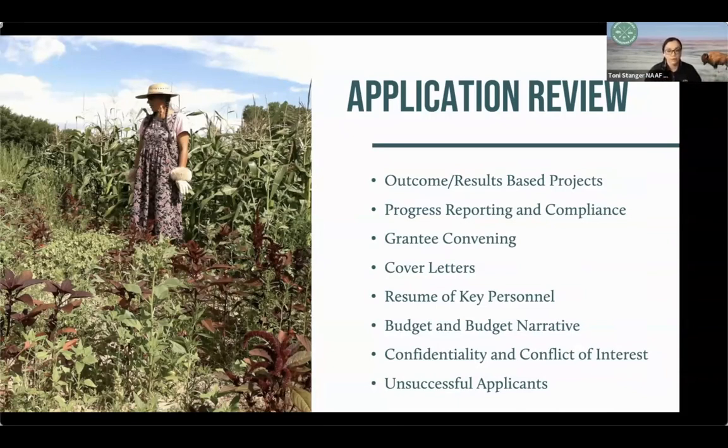We hold confidentiality and conflict of interest in very high regard at NAAF, and we implement that within our staff, but also within our board members and any external evaluators that come in to review these applications. We have a process of gleaning that for conflicts of interest, but in particular confidentiality.